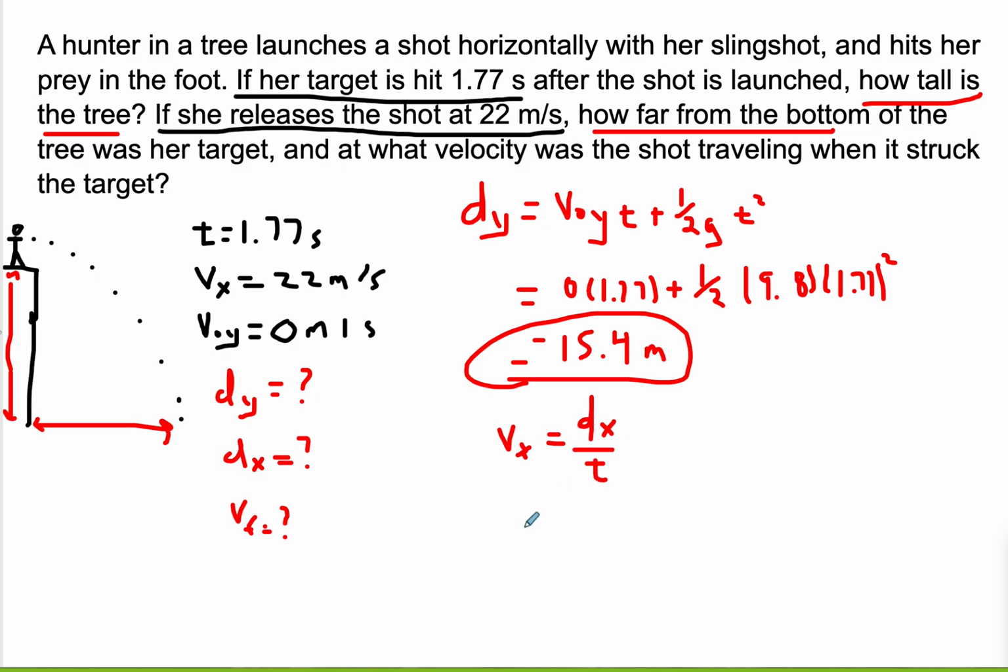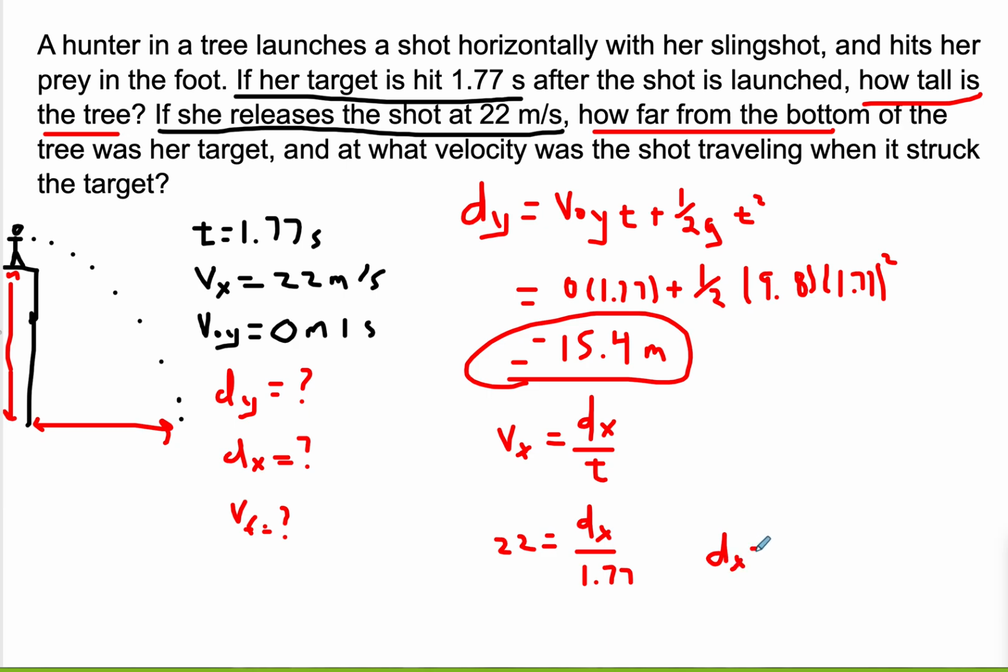And so we will have to do a tiny little bit of algebra here. So Vx is 22. Dx is what we're looking for. And the time we said was 1.77. So to find dx, we just times both sides by 1.77 to get rid of it.